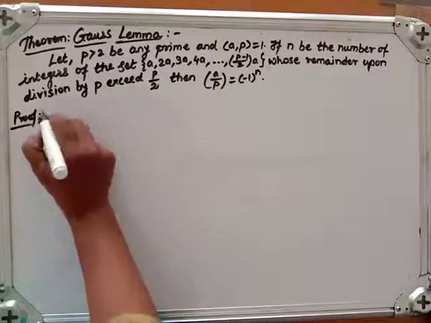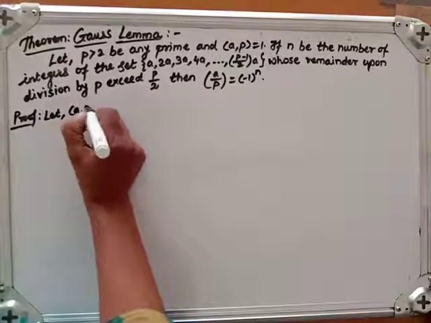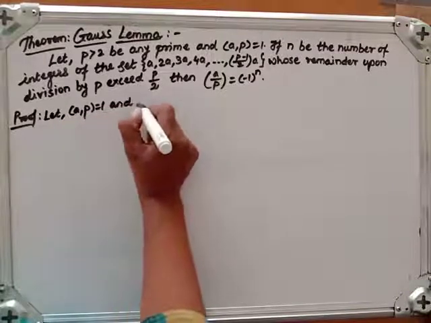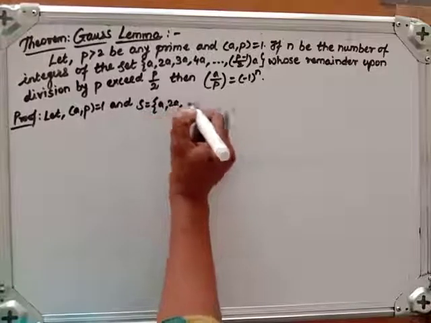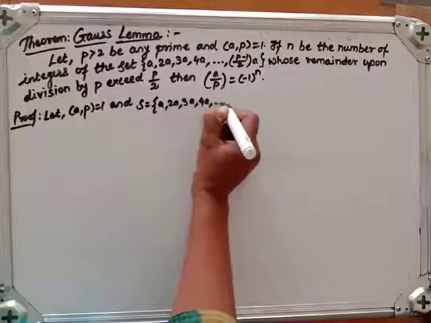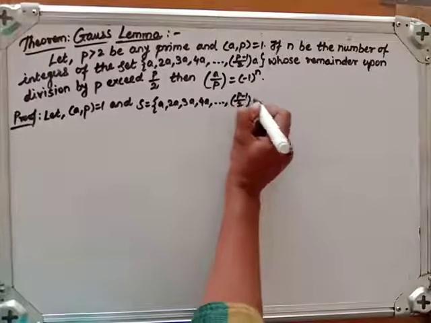So now the proof of this. Let a and p be relatively prime and S equal to this set a, 2a, 3a, 4a and so on up to (p minus 1) by 2 times a.